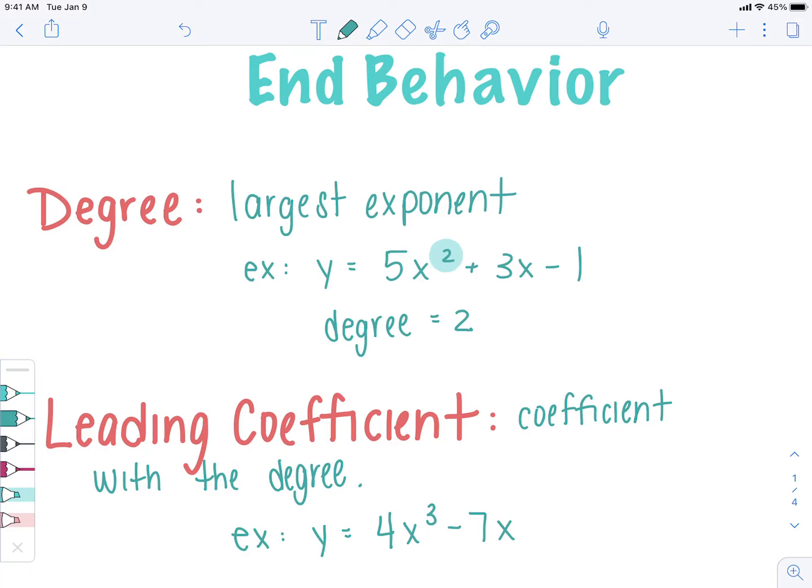So once I decide that my biggest exponent is 3, then I look at the entire term and I say, okay, my coefficient in that term is 4, so my leading coefficient here is 4.